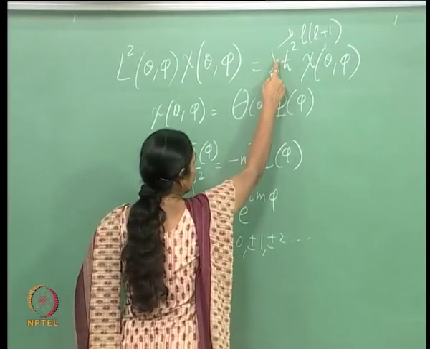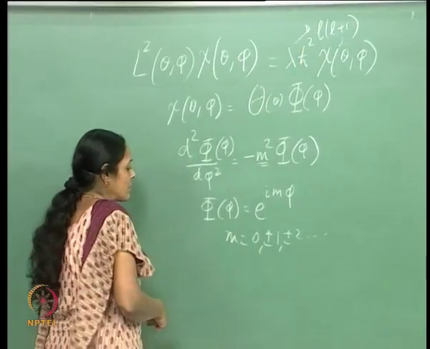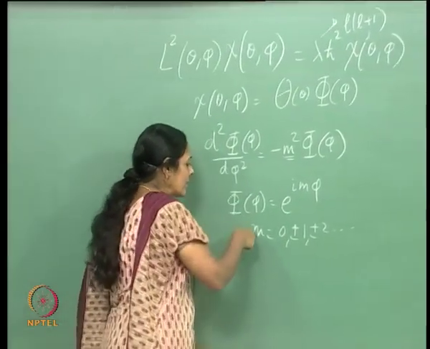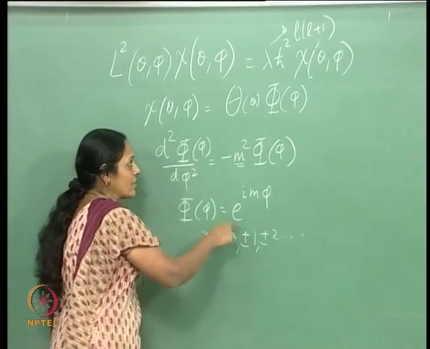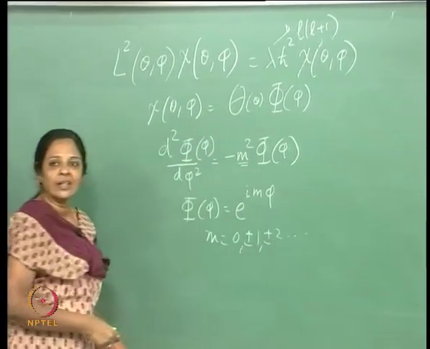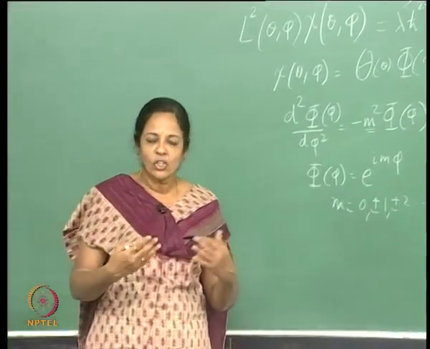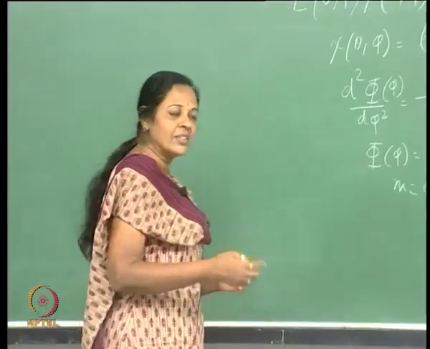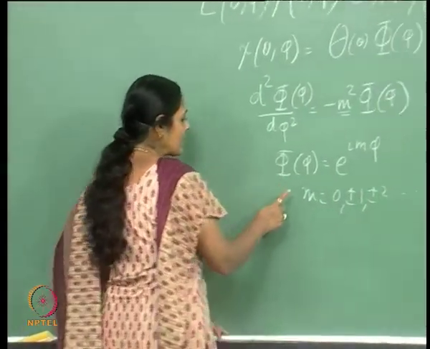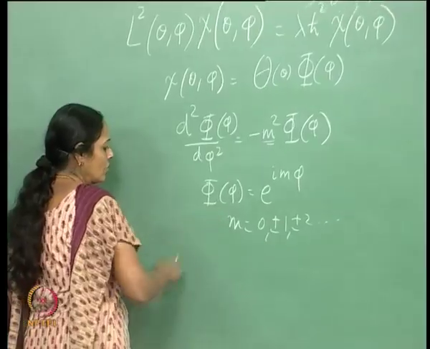So the fact that lambda can be written as L times L plus 1 and m takes values like this would restrict L, and I will comment about this in the next lecture. But having said that, let me focus on this equation.